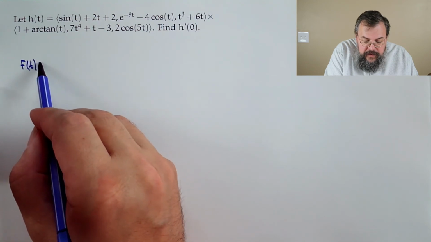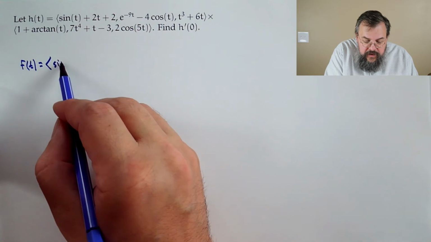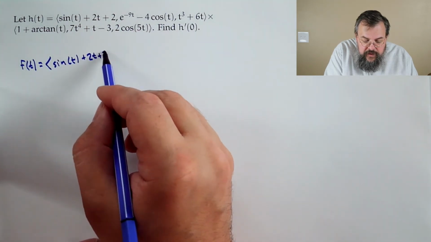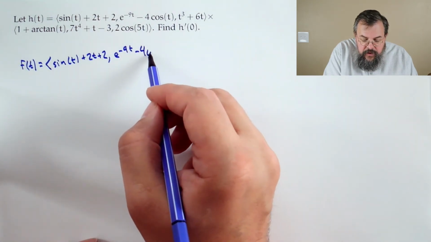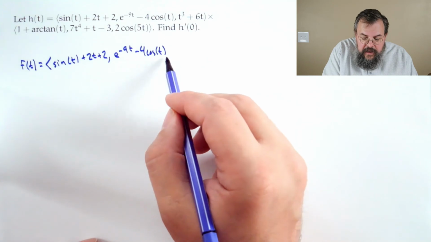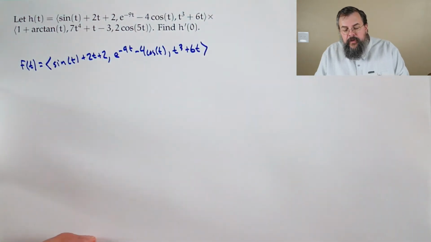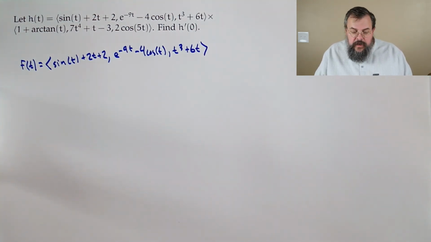I have two functions here. So I have one function, I'll write it out: f of t is sine t plus 2t plus 2, comma, e to the minus 9t minus 4 cosine of t, comma, t cubed plus 6t. And I'll have another function, which I'll write.